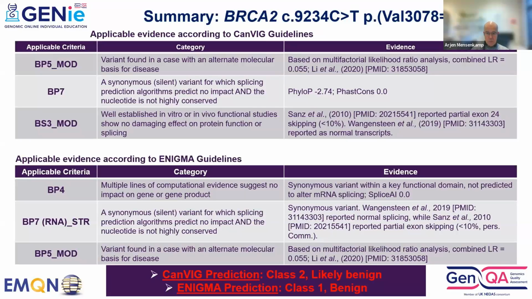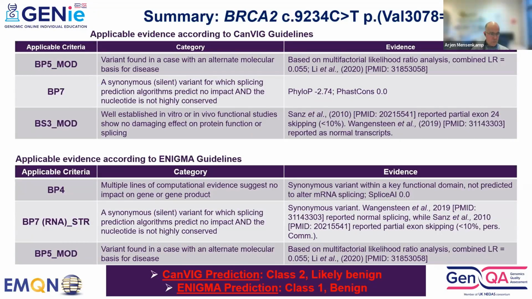Sanz et al. reported a partial exon splicing, and Weinstein reported that you only get a normal transcript. In the report by Sanz et al., it only said "data not shown", partial exon 24 skipping, but I will come back to that later in the next slide.